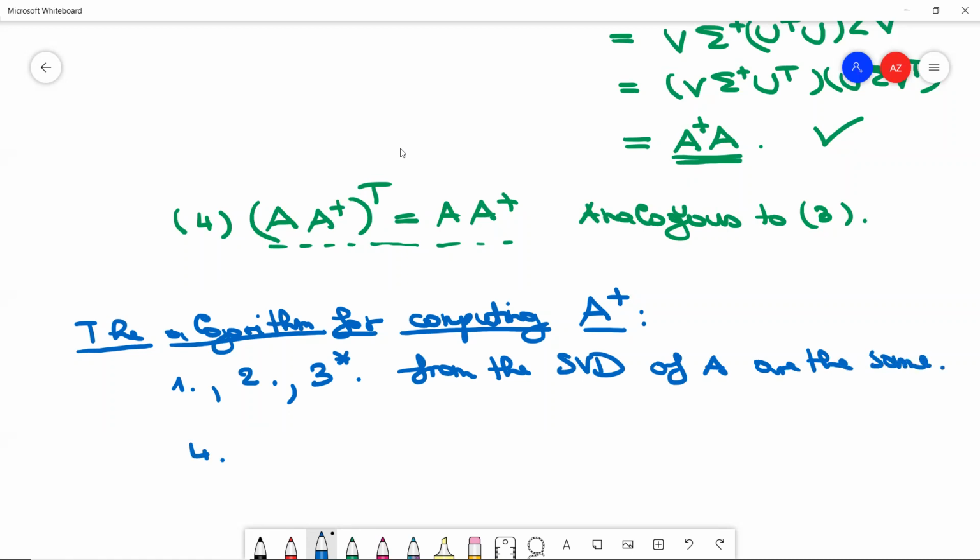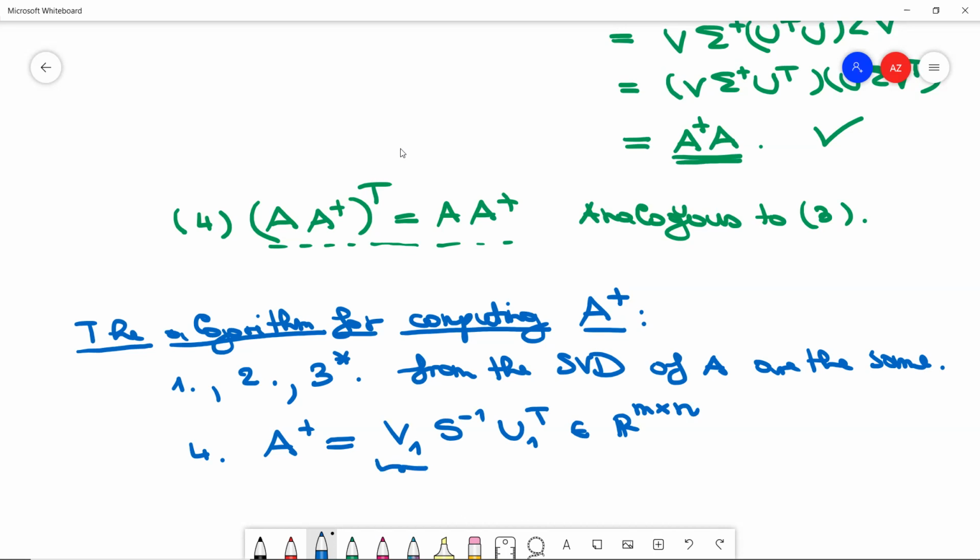And in the last step, just calculate A plus, which is V1, and then S inverse, and then U1 transpose. What you get is an M times N matrix.